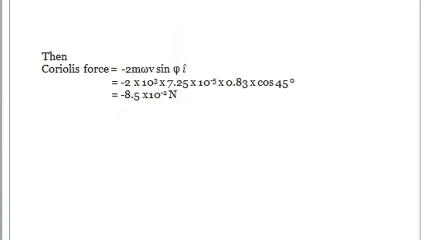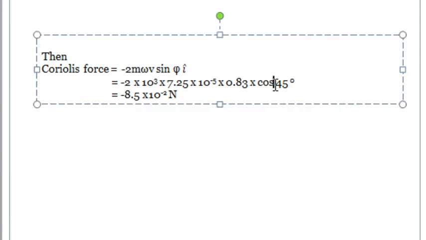Then our final result becomes minus 2 m v sin phi i cap. So minus 2 into m is 10 raised to 3, omega is equal to 7.25 into 10 raised to minus 5, and our value of v is 0.83, and our final expression is sin phi, that is sin 45 degree, and we know that sin 45 and cos 45 are the same, 0.707.